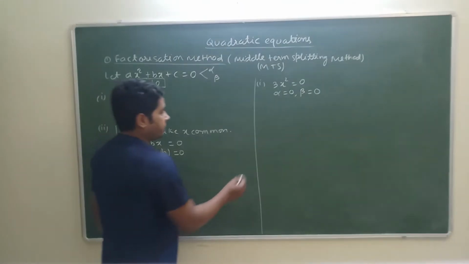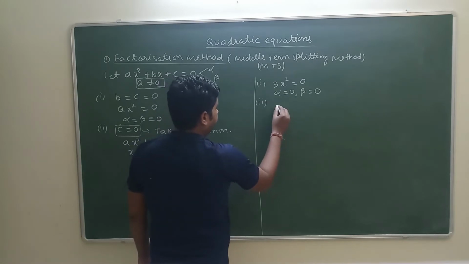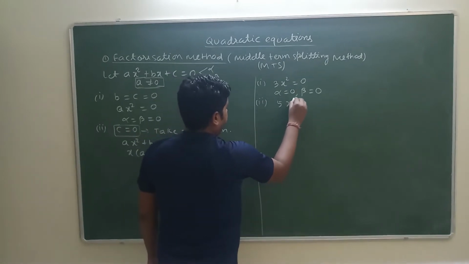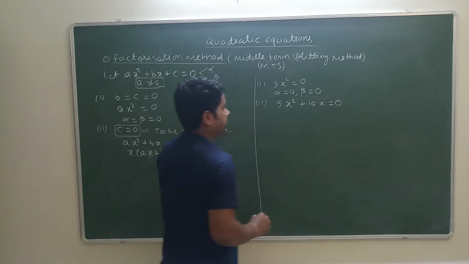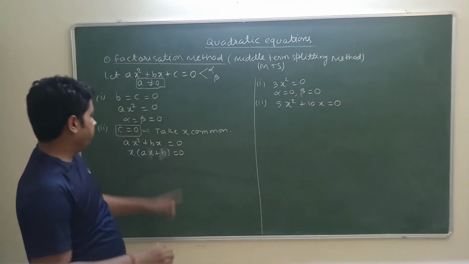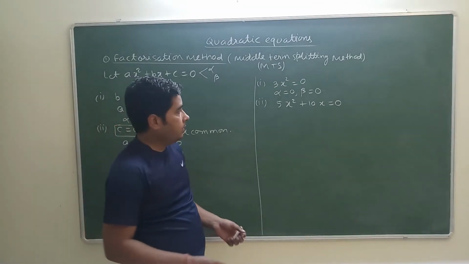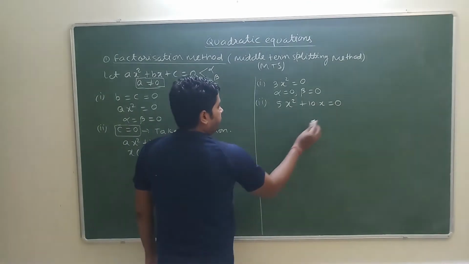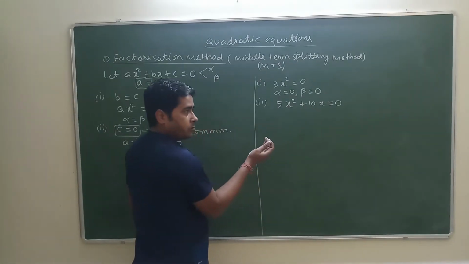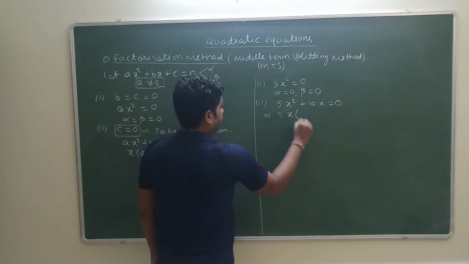Let me take an example for this situation. Suppose you are given an equation like this: 5x square plus 10x is equal to 0. In this equation there is no constant term, so rule number 2 will be applicable, in which we don't have to apply middle term splitting. We just have to take x common. While taking x common, you also see whether some constants are also common or not. So here I am taking 5x common.